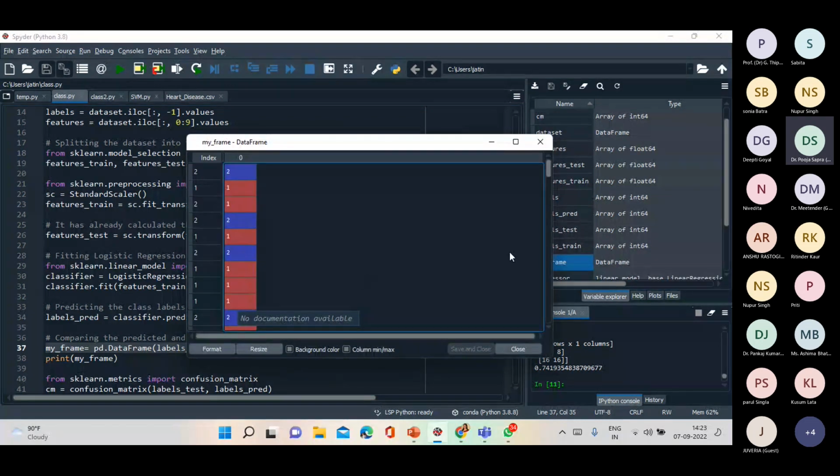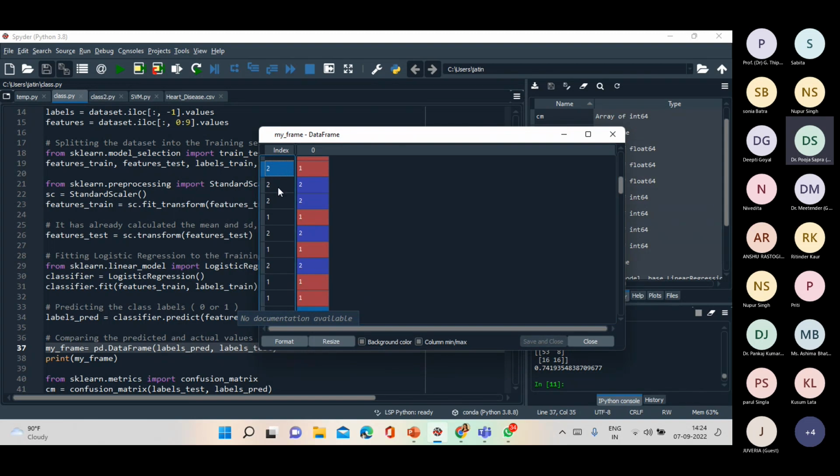If I see my frame, it says these are the values that have been predicted. What is the value? 2, 1, 2, 2. Means predicted value is 2 and the actual value is 1. Predicted value is 2, the actual value is also 2.